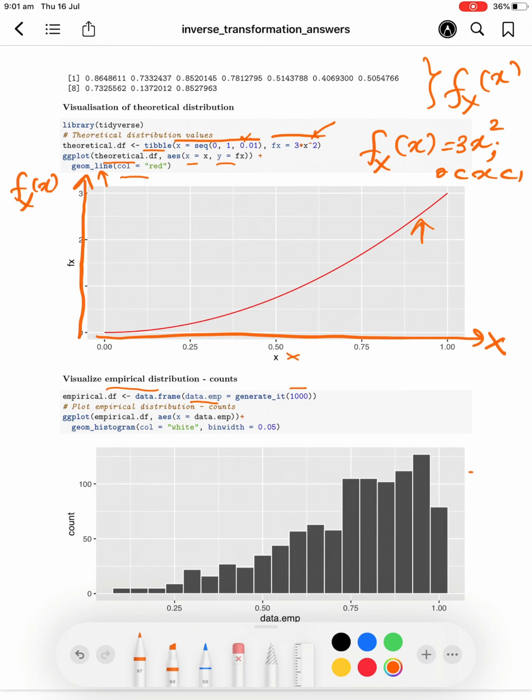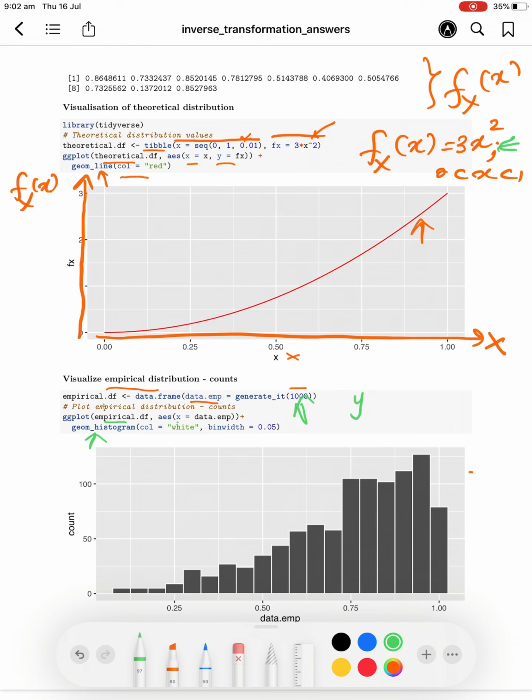So for that, I generated 1000 random numbers from this distribution and stored it inside a data frame called empirical.df. Then I draw a histogram for the data that we generated, using geom_histogram.